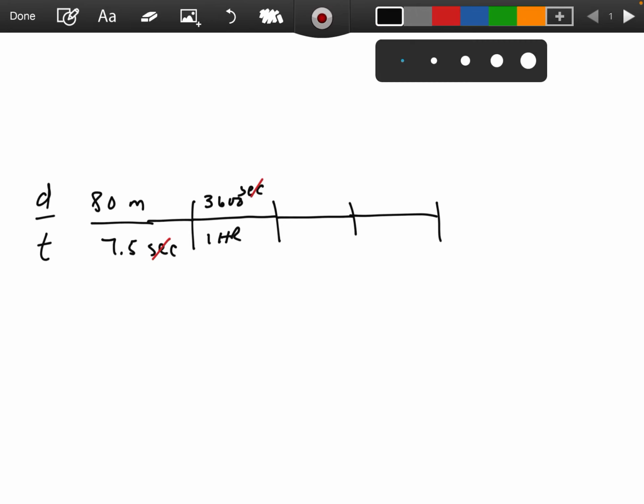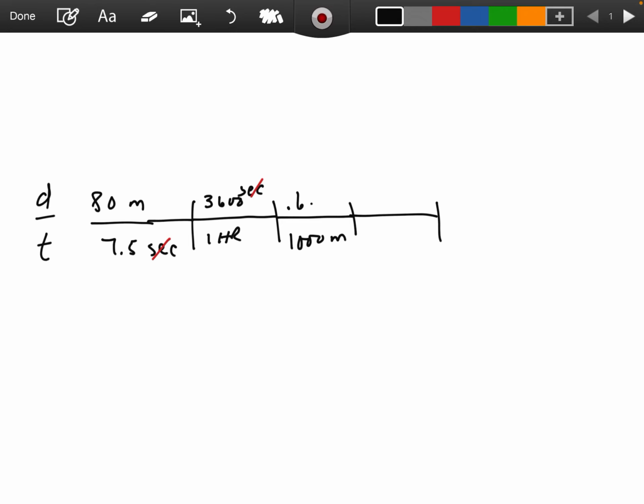80 meters. You have to know that 0.6 miles is a kilometer. And I think that you had to know that a kilometer is 1,000 meters. So 1,000 meters is 0.6 miles. This is 1 kilometer, same thing.